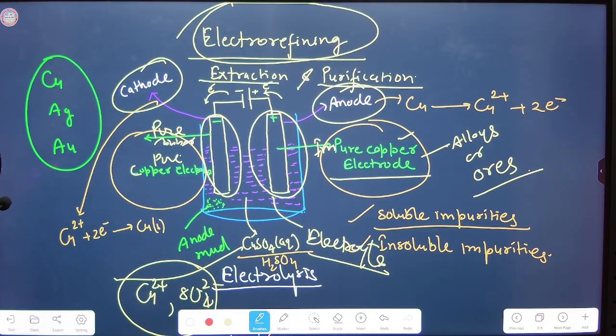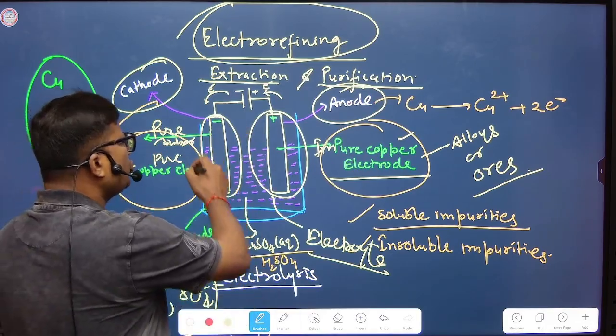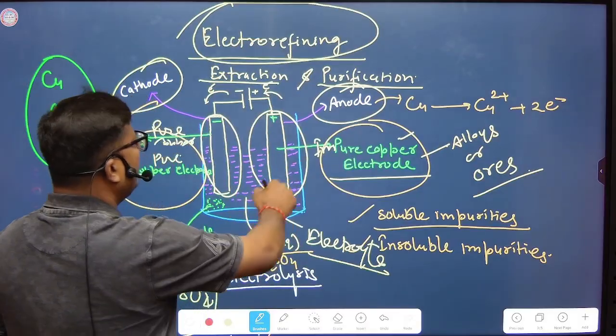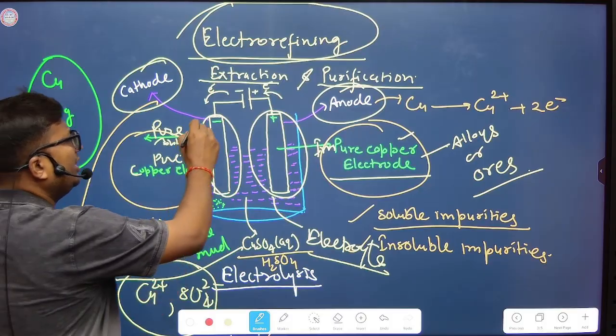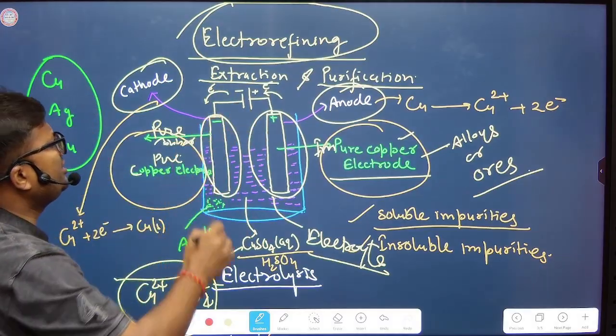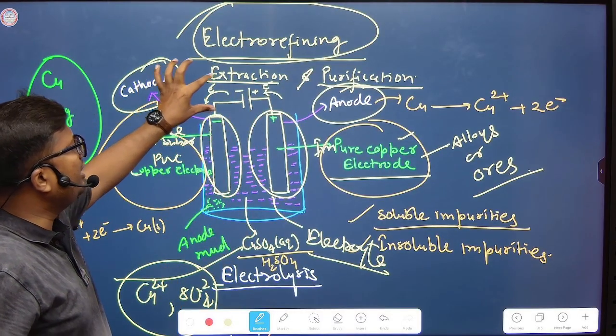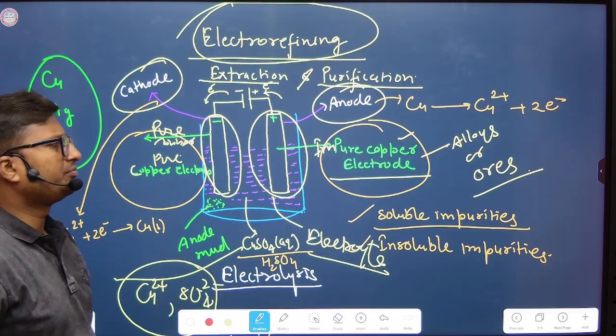Now what happens? These two electrodes are dipped into the electrolyte in the container, and finally they are connected externally through a source of electricity, or you can simply say you connect these two electrodes through a battery, right?